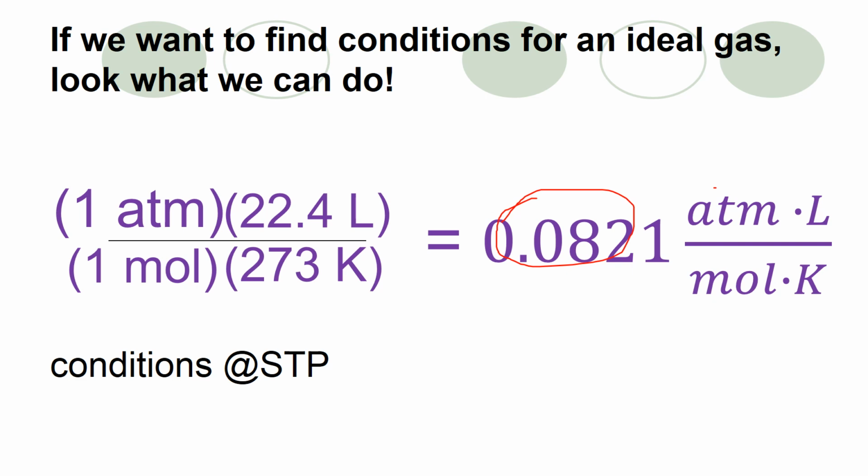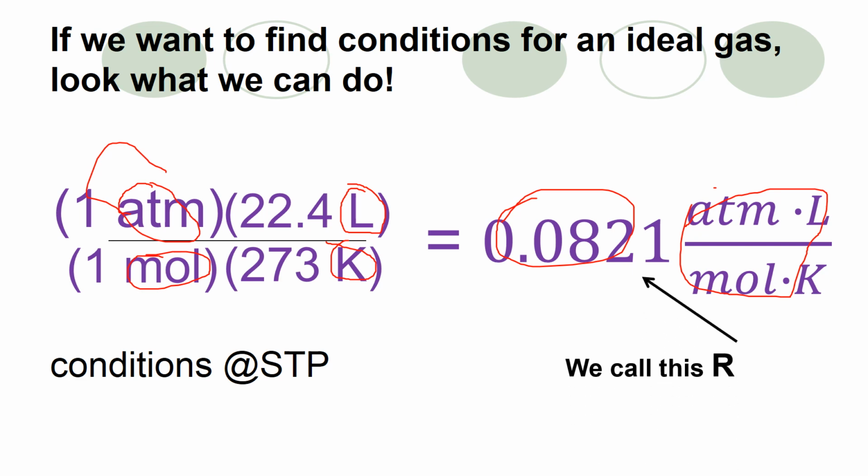Why did we get these really screwy looking units over here? I mean, this looks like a mess. Well, the reason we got it is because we had 1 atmosphere right up here. If I can draw, we had 1 liter here. Underneath we had a mole, and underneath we also had a Kelvin. So we've got all of these units and none of them cancel.